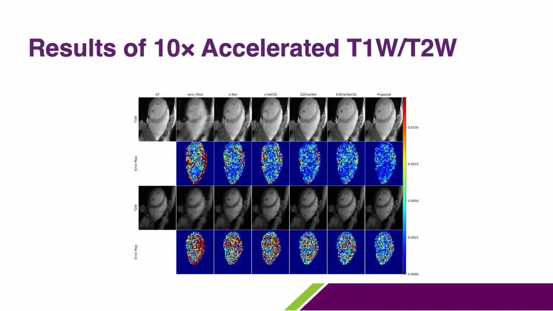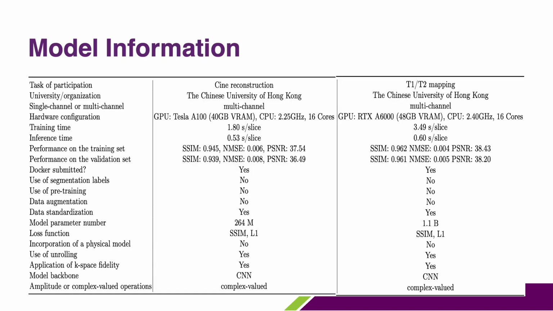The results of the 10 times accelerated T1 weighted and T2 weighted images demonstrate that our method can generate more accurate reconstruction over others, and the error maps consistently highlight the superior performance of our methods. More information for both Cine and mapping tasks is listed here.